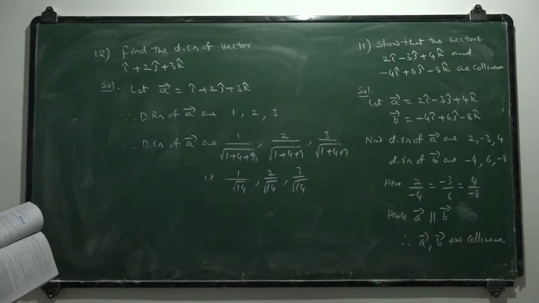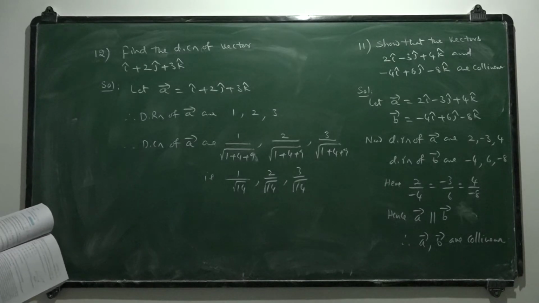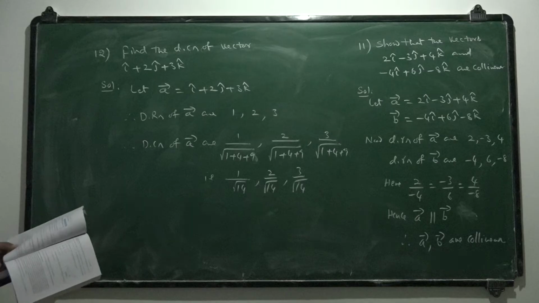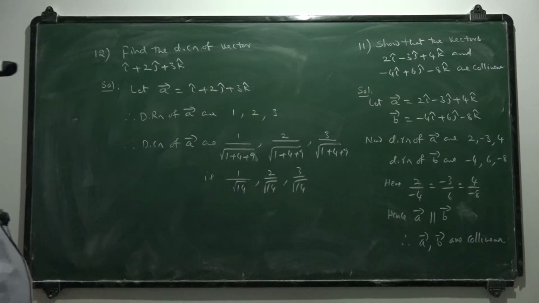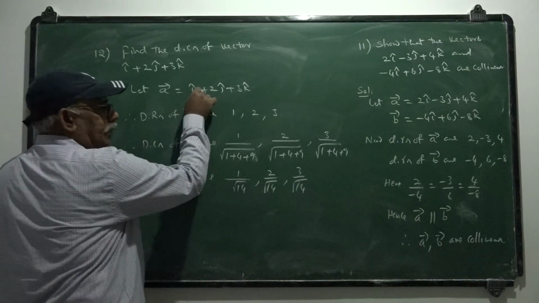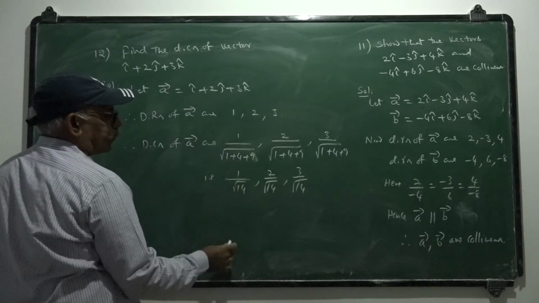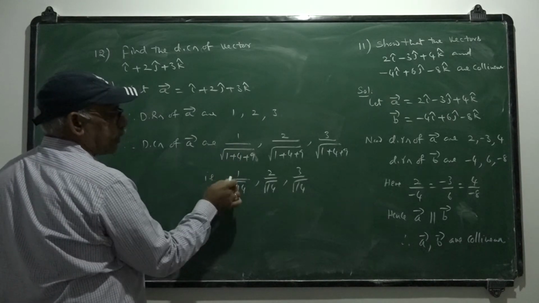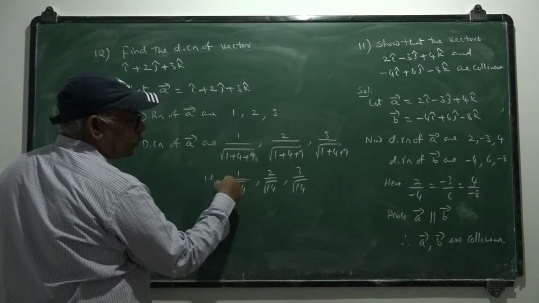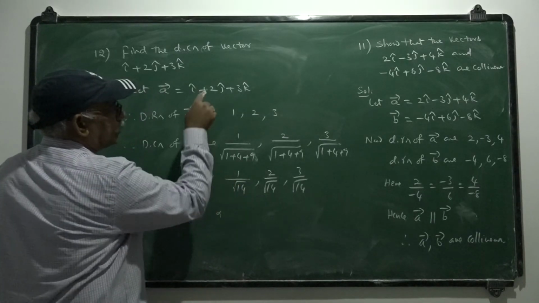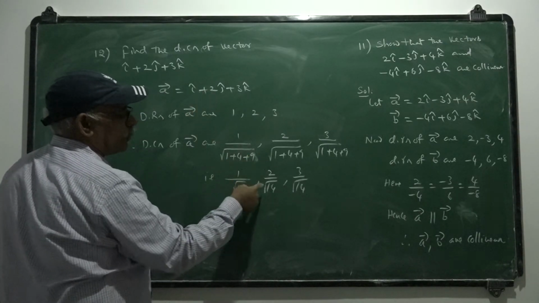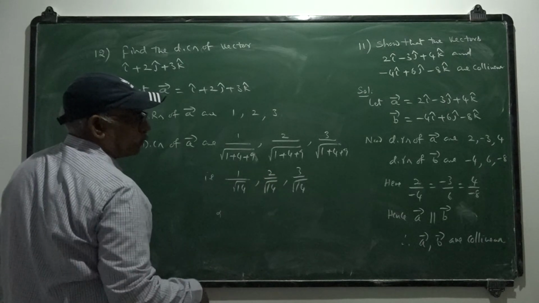The DCs of the vector are respectively 1 by root 14, 2 by root 14, 3 by root 14. That means this vector makes alpha angle with x-axis, then this is the value of cos alpha. Suppose this vector is making beta angle with y-axis, this is cos beta.